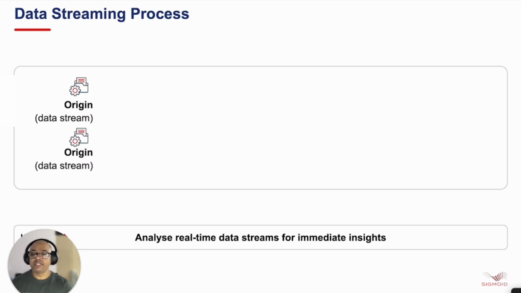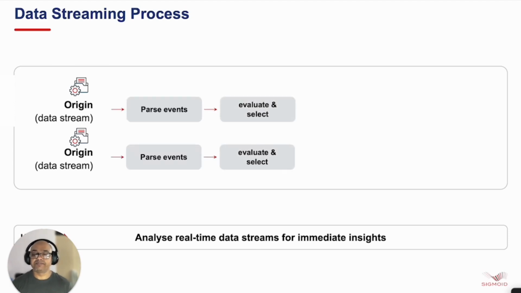Now let's move on to the last one, which is the data streaming process. This pattern is ideal for feeding real-time data to high volume and high performance applications like IoT and financial applications.